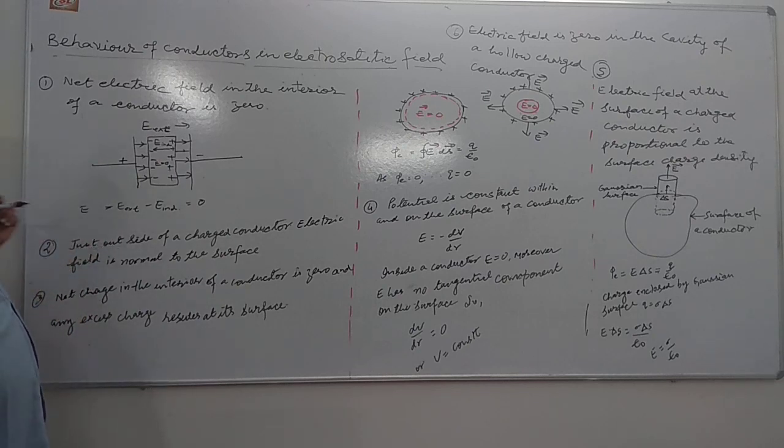The second one: just outside of a charged conductor, the electric field is normal to the surface.